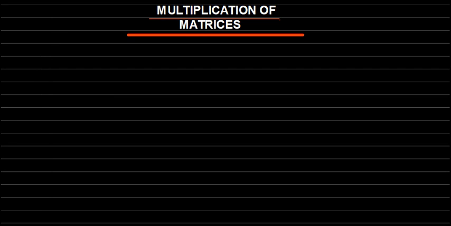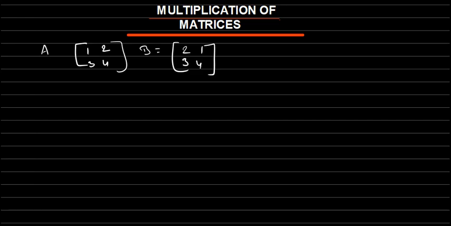See, if you want to multiply this matrix A, 1 2 3 4, with B, 2 1 3 4, you need A into B, or you can say AB. Here there is one rule.